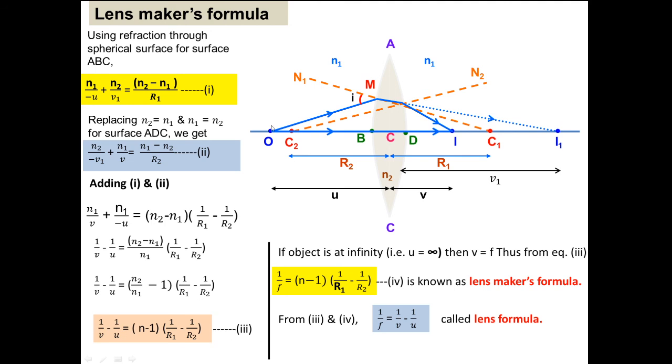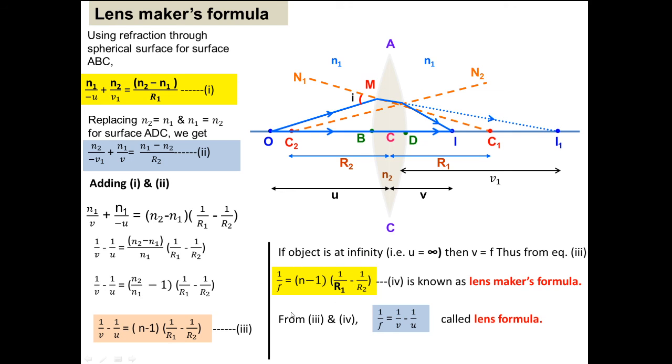Now if the object is at infinity, then the final image will be at the focus. Then equation 3 will be 1 by F minus 1 by infinity, that is 1 by F, equal to N minus 1 into 1 by R1 minus 1 by R2.